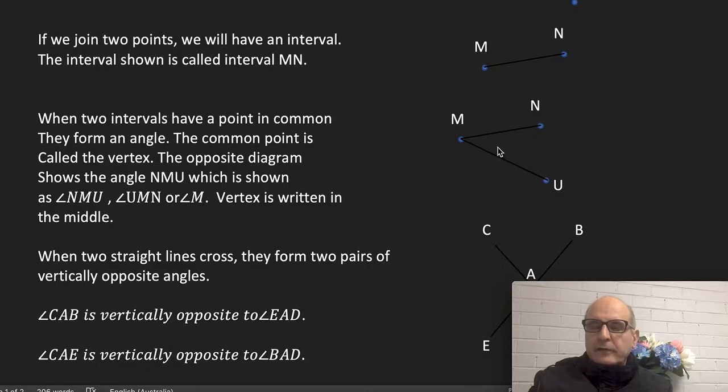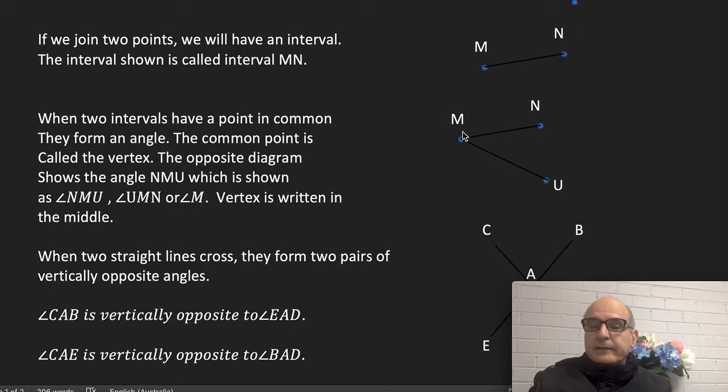Depending on how wide this is, we give it a number in degrees. To call this angle, we can call it angle M. This is the notation for angle M. Or we can call it angle NMU. So you start with one of the points on one of the arms, and you go to the vertex, and then you go to the other point.